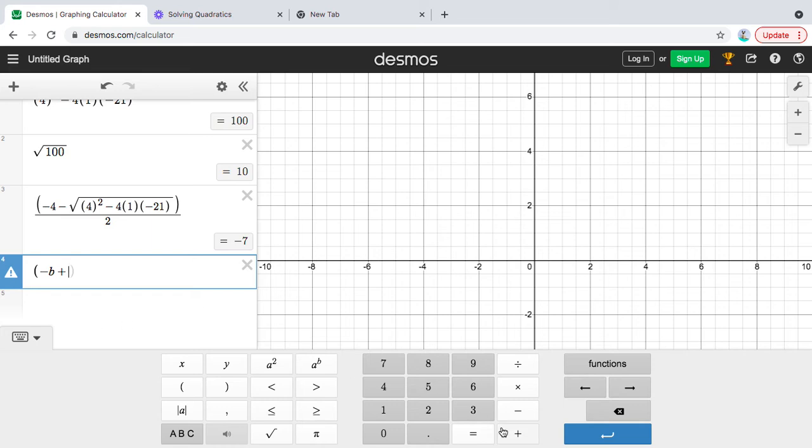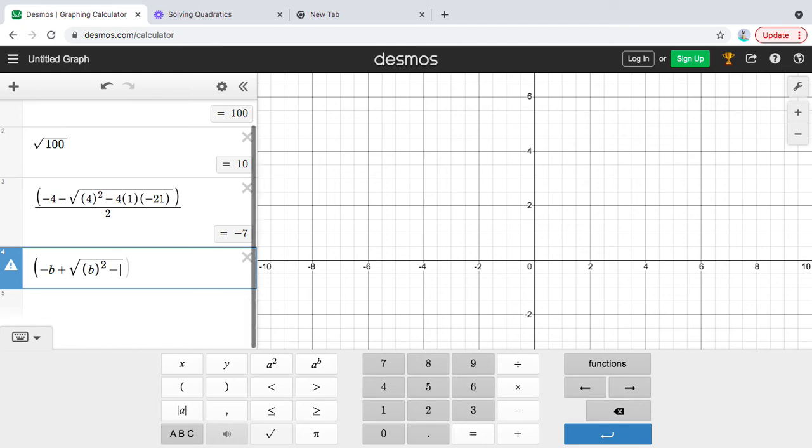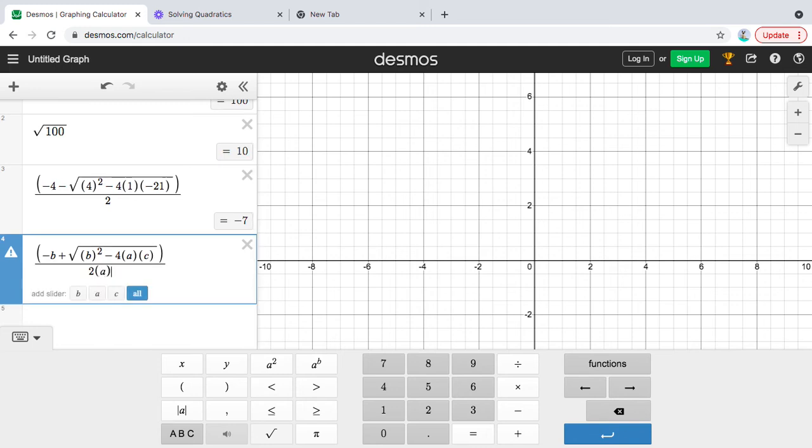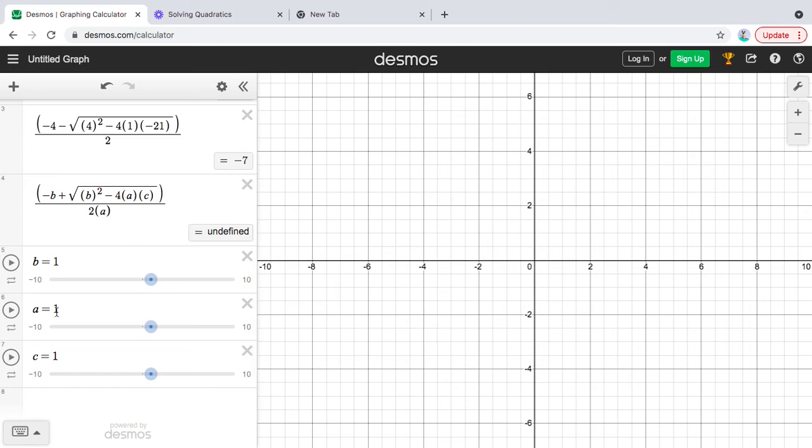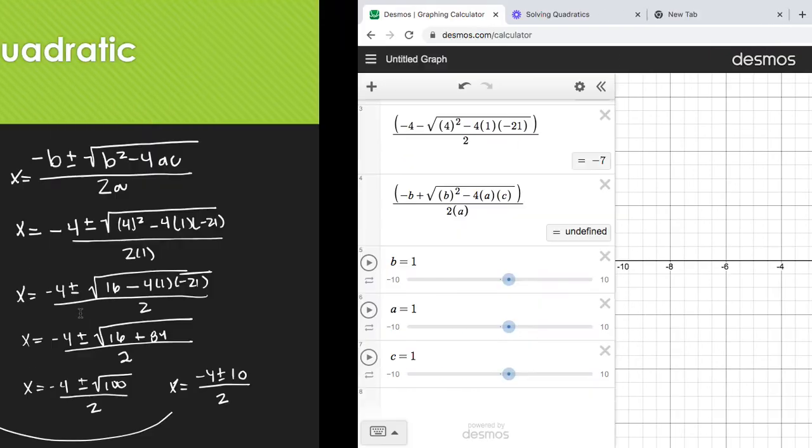And I'm going to show you, if I put the quadratic formula in here, so cool, negative b plus or minus the square root of b squared minus 4ac all divided by 2a. You can make these sliders. And I can put in my a, b, and c value.